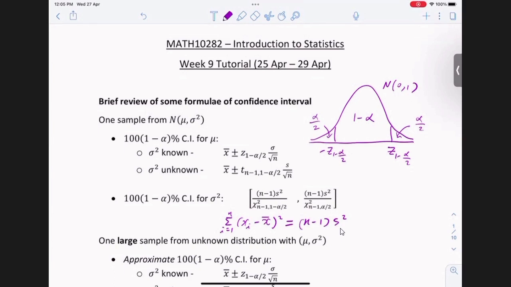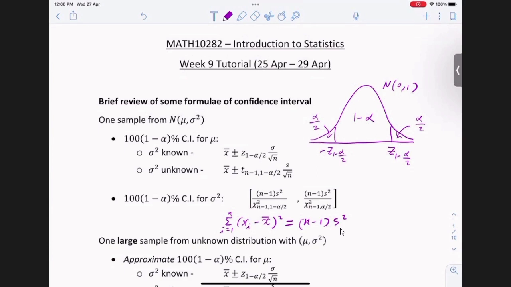So this and this are equivalent. I like to use this just because most of the time, the information provided in the question will be the sample variance, so we can directly use this. And the denominators here are the quantiles obtained from the chi-square distribution, also obtained using the chi-square distribution table or by using R.